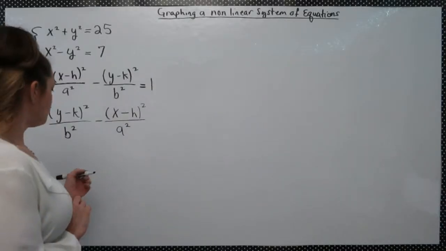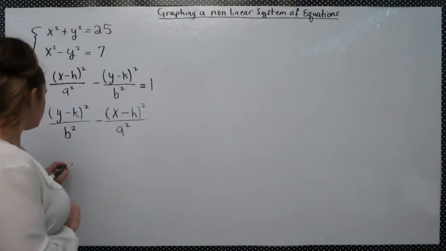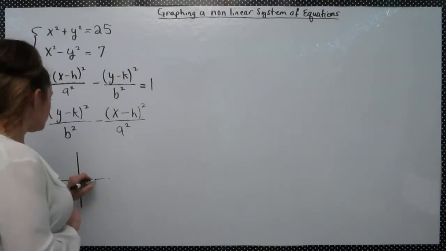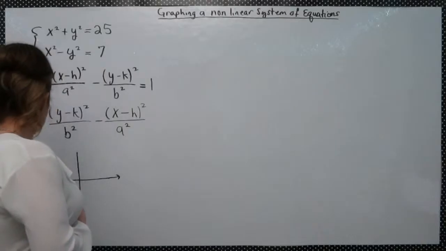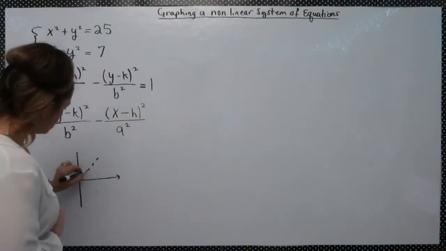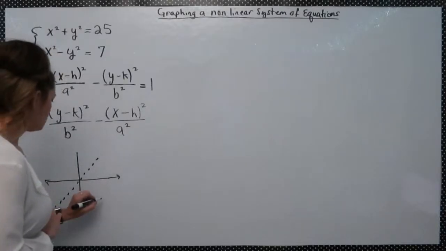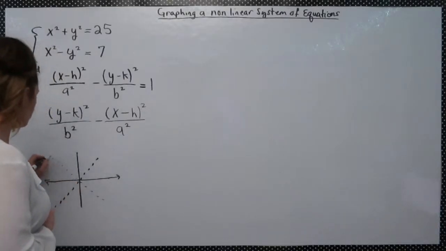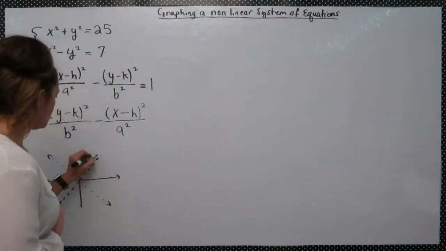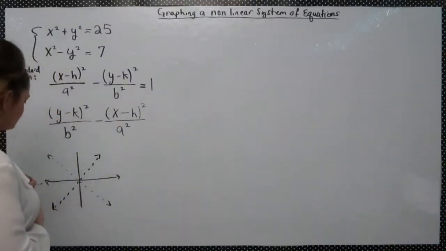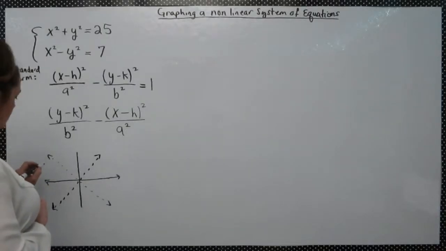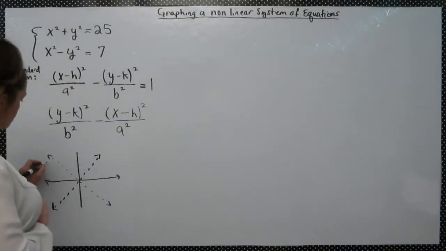Hyperbolas, basically, I'll just sketch a basic graph of a hyperbola. What's happening is it has two intersecting diagonal lines that make up its asymptotes. It's a really funky graph. And what happens is it has a focus.